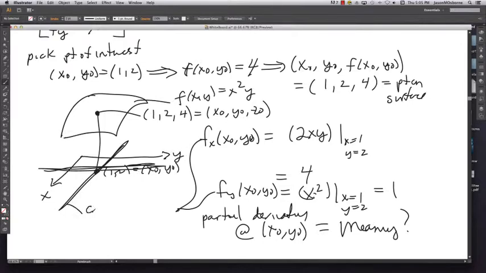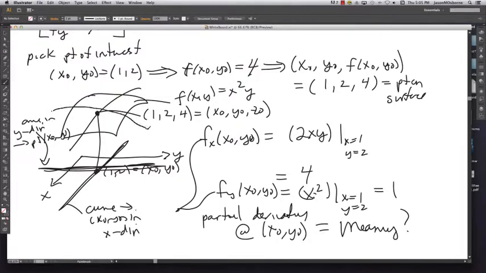So this is the curve right here through the point x naught, y naught in the x direction. This curve here is the curve in the y direction that goes through the point x naught, y naught. You're going to paste those curves onto the surface.